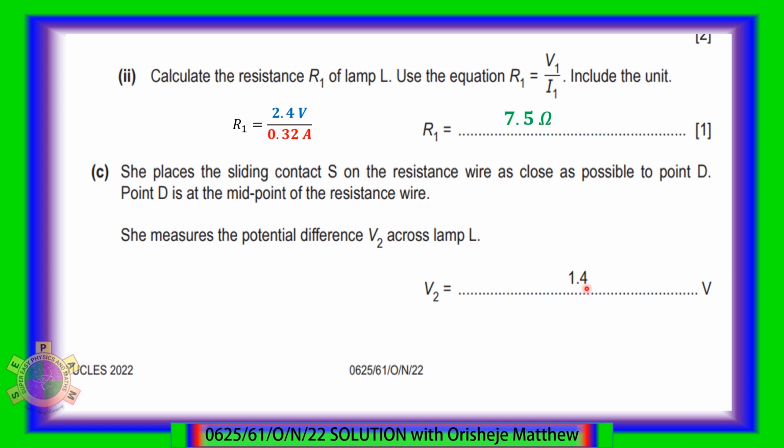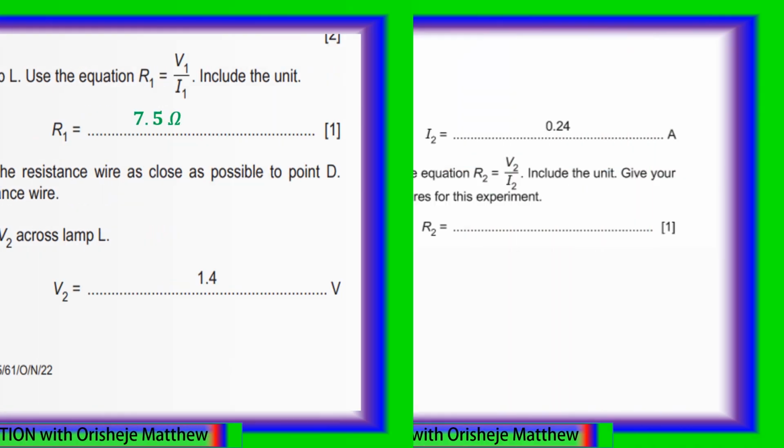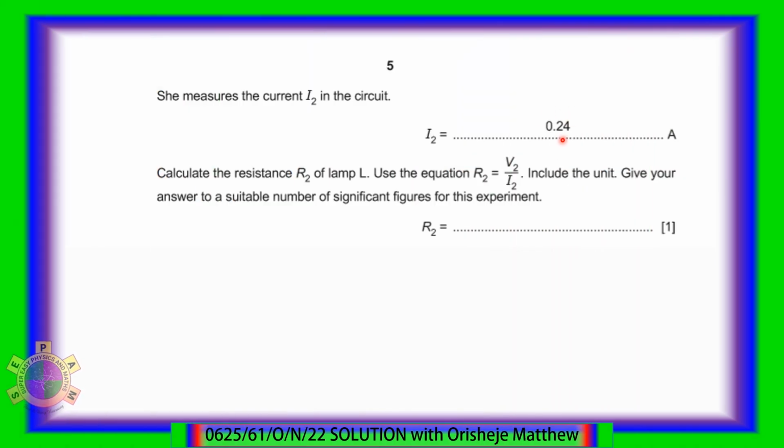So you see, I told you earlier on, as the resistance increases, the PD reduces because current is reducing. So you look at it, the PD has reduced from 2.4 to 1.4. And then the current measured is 0.24.